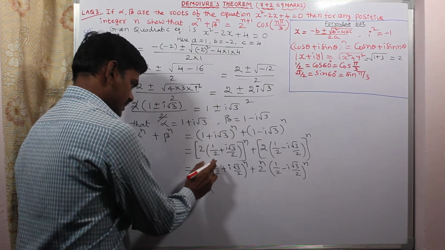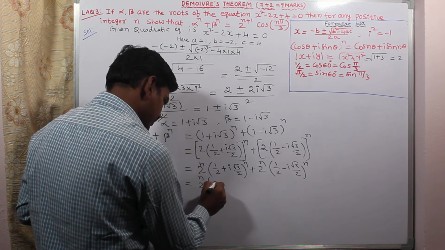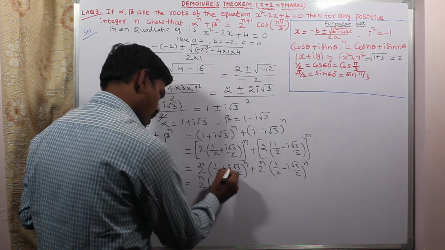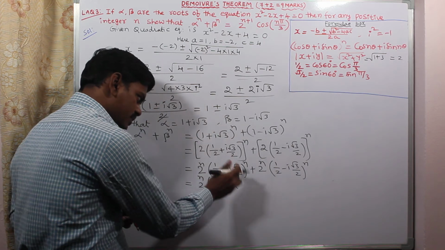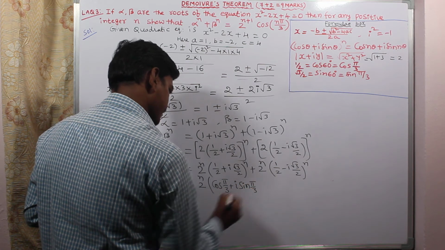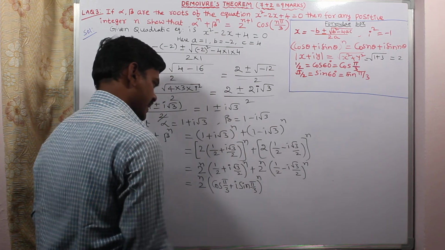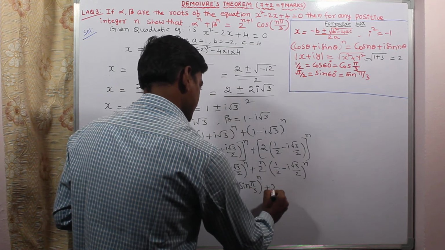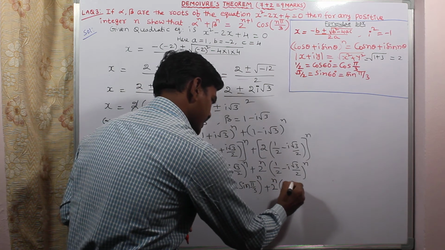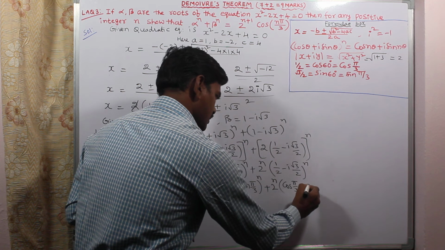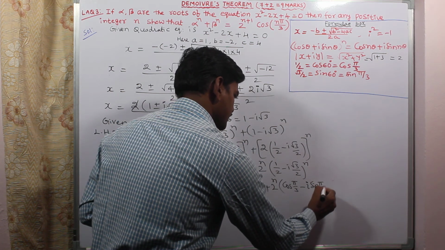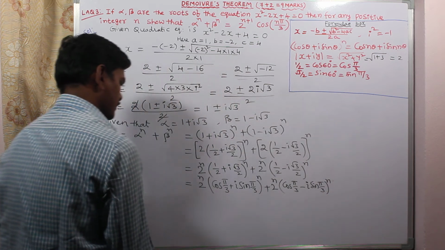So we get (cos pi by 3 plus iota sin pi by 3) whole power n, plus 2 power n same into (cos pi by 3 minus iota sin pi by 3) whole power n.